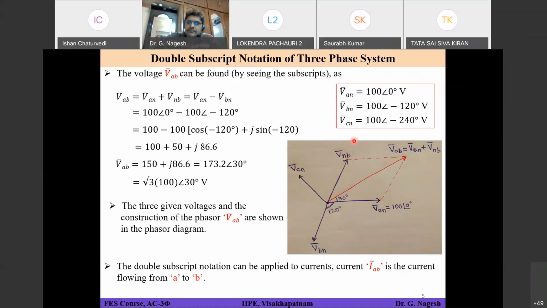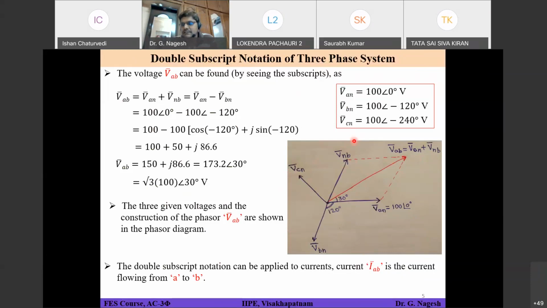But VCAB is not a standard form of representation. Maybe we can understand from the phasor diagram: it is the phasor addition of VCN plus VAB.